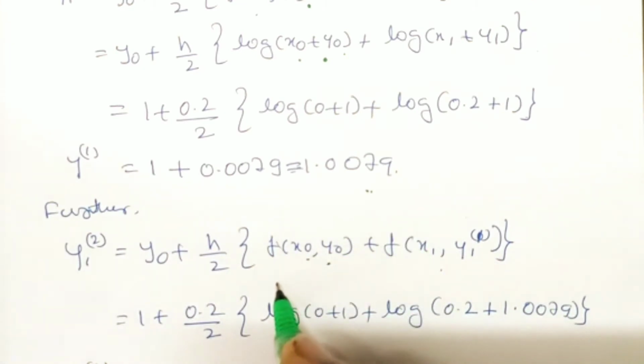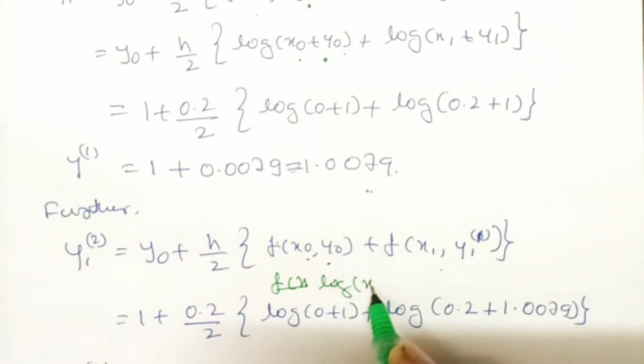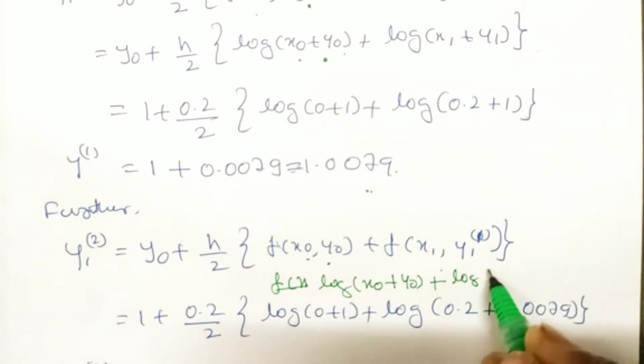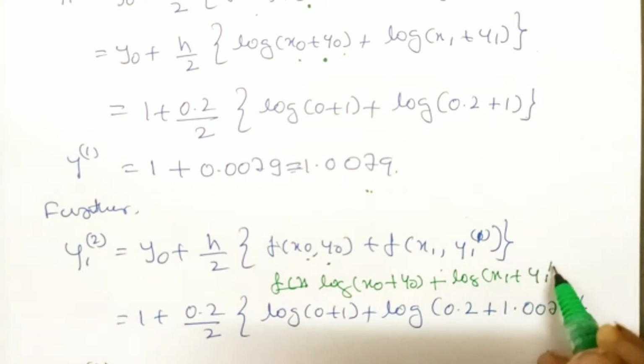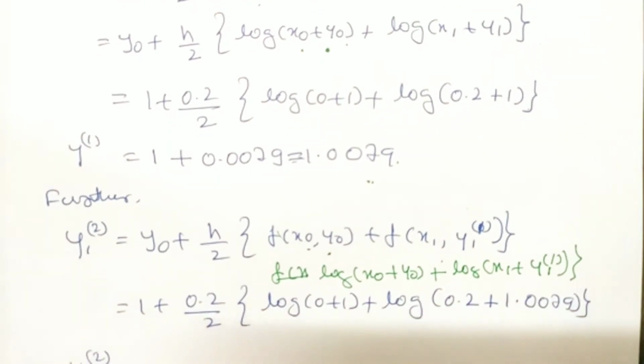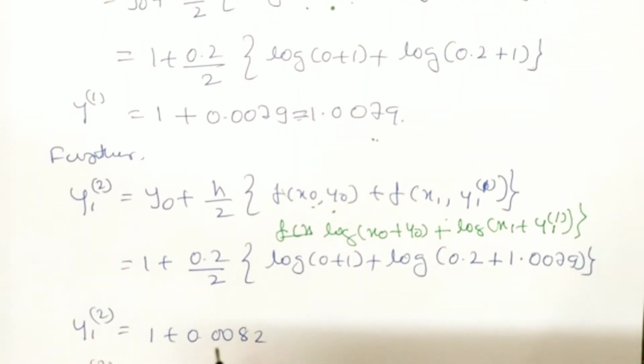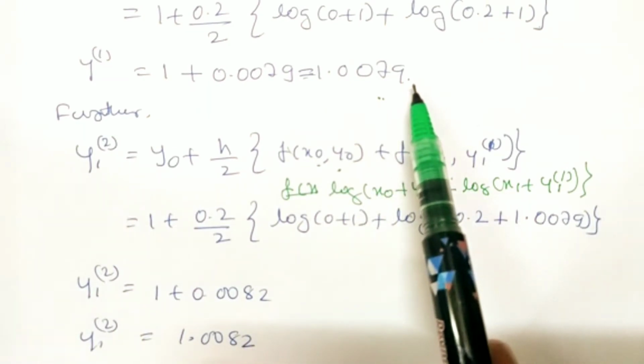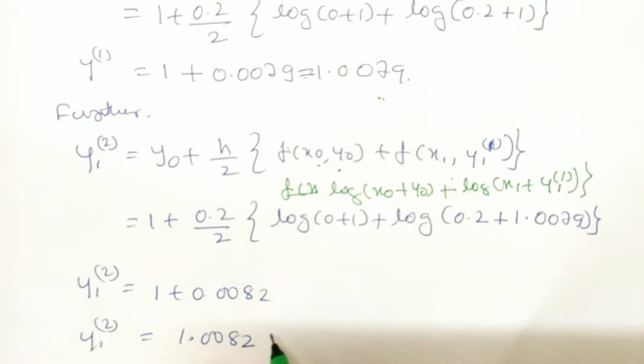Once again apply the definition: log of x0 plus y0 plus log of x1 plus the first improved value of y1. Using all these values you can simplify this as 1.0082. Again compare the first improved value and the second improved value. They are not exactly the same, so we can go for the next iteration also.